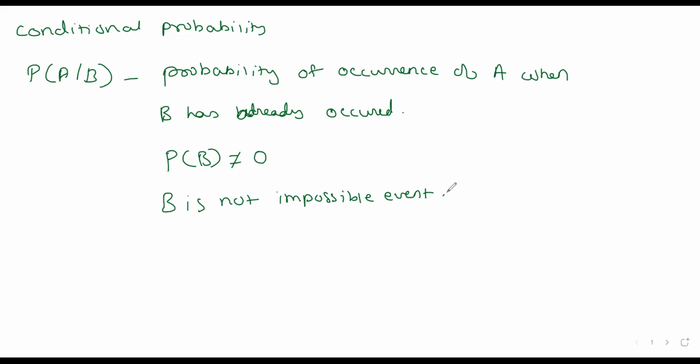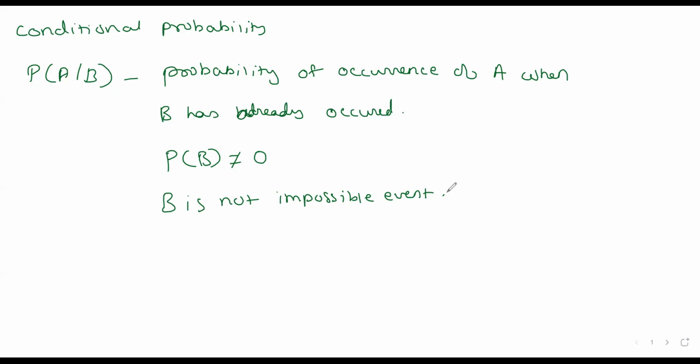See, if I say that A is event that you pass the exam and B is the event that you study for the exam. Okay. No, I'll just change the example. Suppose B is the event that you have passed the exam and A is the event that you have studied for the exam. And B has already occurred.